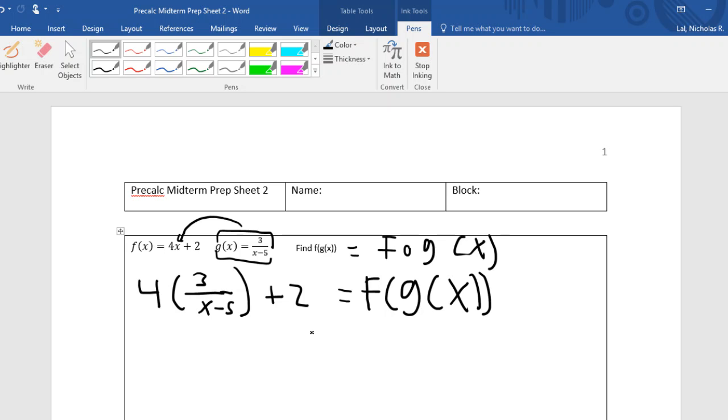So what do we do next? Distribute the 4. So 4 times 3 is 12. We have 12 over x minus 5 plus 2.